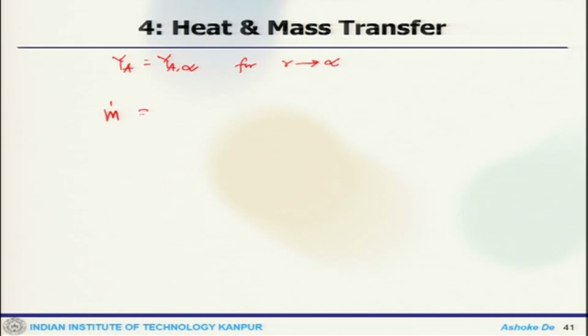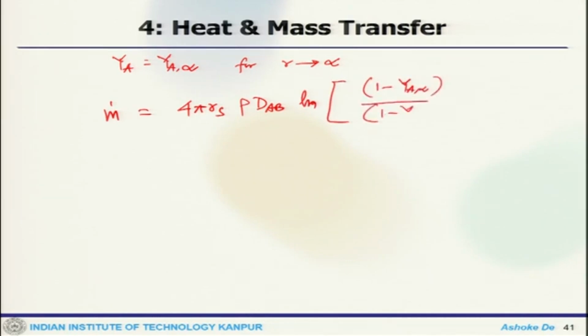So, then we can get m dot equals 4 pi r s rho d a b ln of (1 minus y a infinity) divided by (1 minus y a s). So, this is 4.51.